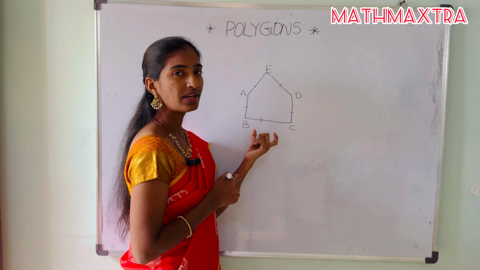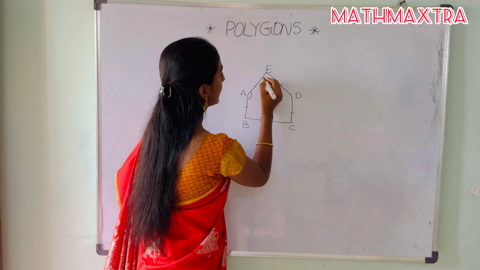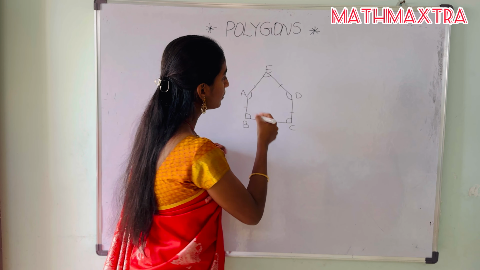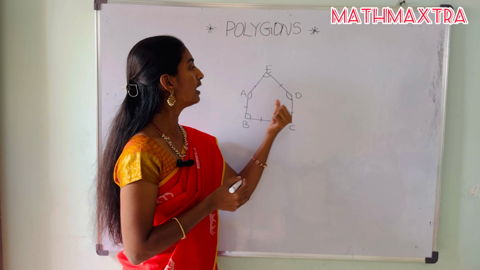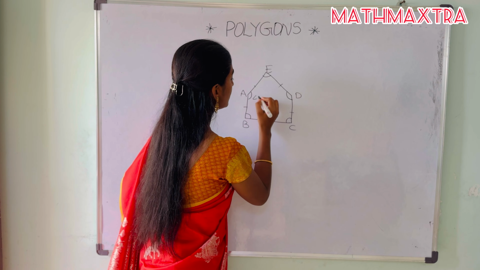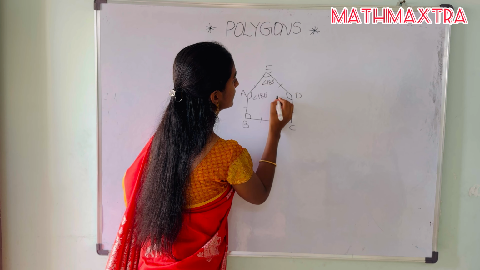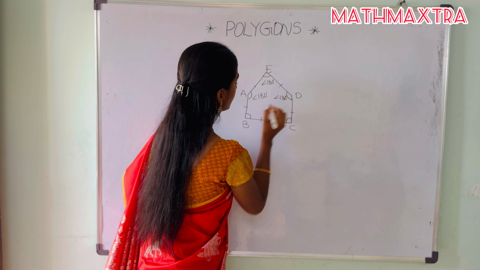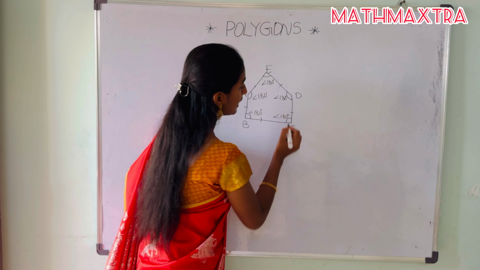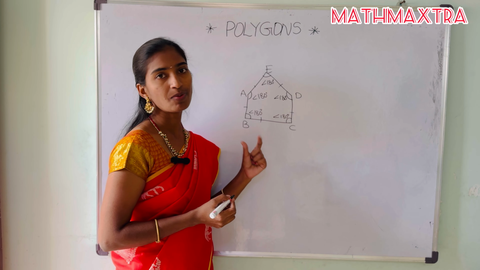See, in this polygon, if you consider all internal angles, how are they looking? All interior angles are less than 180 degrees, isn't it? So this angle is less than 180 degrees. This angle is less than 180 degrees. Yes, so all internal angles are less than 180 degrees. That is why we call this polygon a convex polygon.